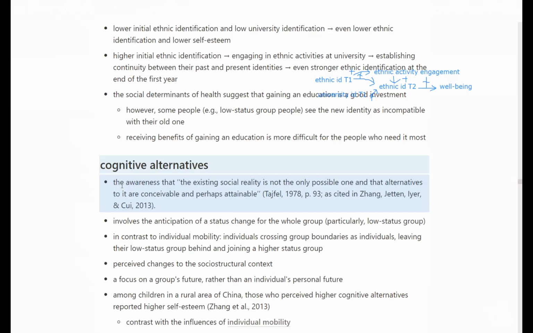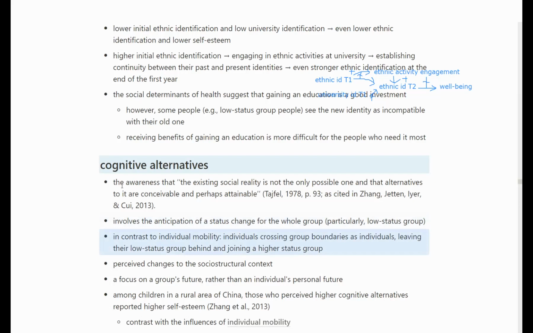So, you can say that the alternative way of thinking is cognitive alternatives. And such awareness gives a sense of the anticipation that a status change for the whole group is possible. And this kind of awareness is particularly positive for low status groups.